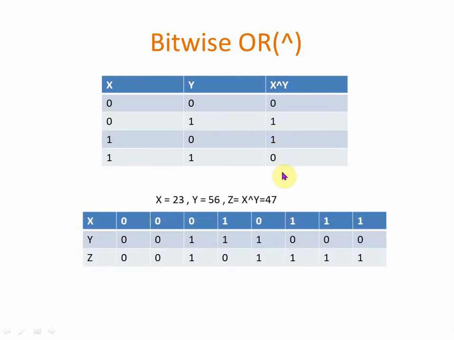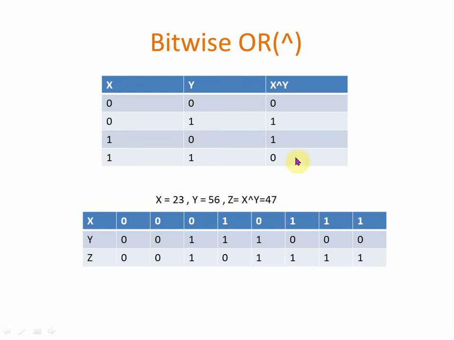Now again you can see for 1 and 0. Here I performed the bitwise XOR operation on 23 and 56, and the final result I got is 47.